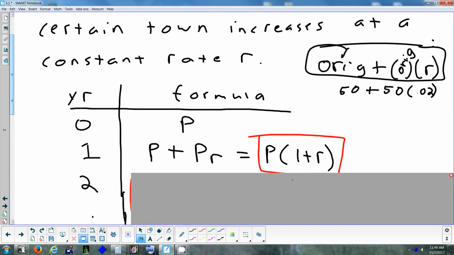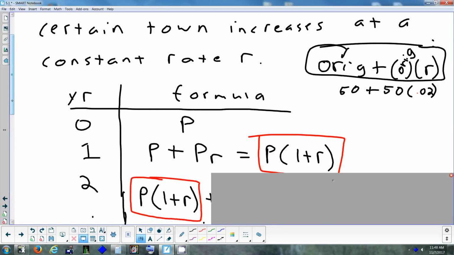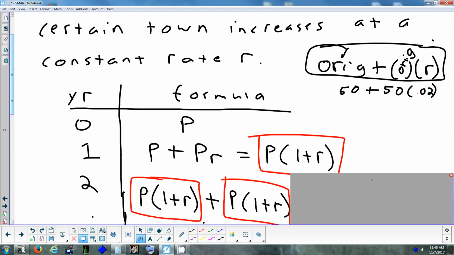Start with the original amount: P times 1 plus r. So you're starting with P times 1 plus r, plus the original amount again, P times 1 plus r, times, what are we increasing the population by? r. So take original amount plus original amount times your growth rate.